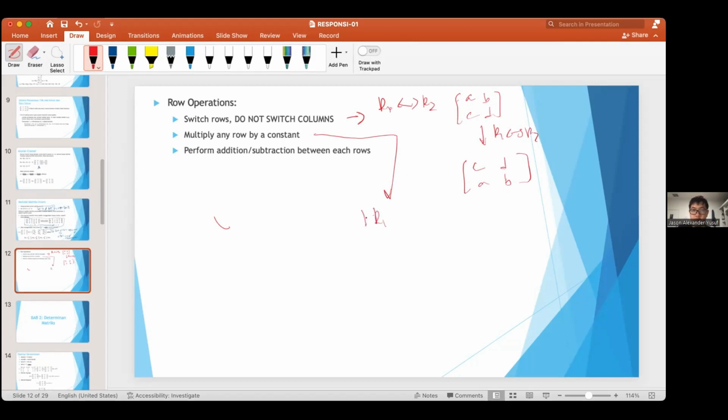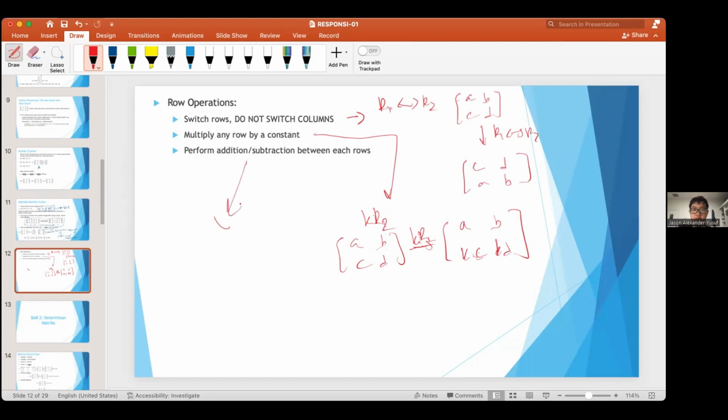It's just KR1. Let's try this time R2, KR2. We're doing this: A, B, KC, KD.